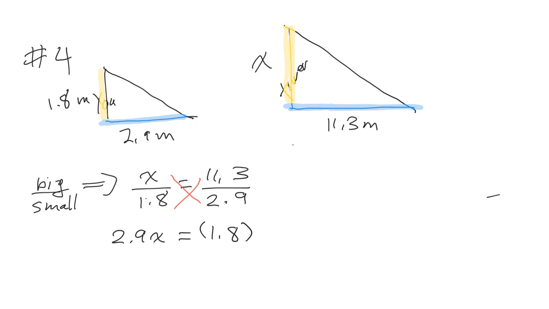So I could write 1.8 times 11.3. 9 times out of 10, you tend to write out this equation here. 1.8 times 11.3, you get your next answer.